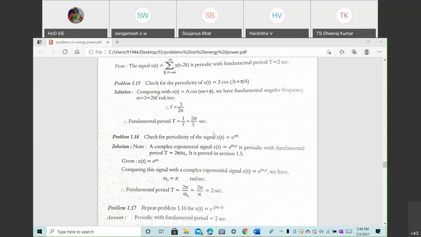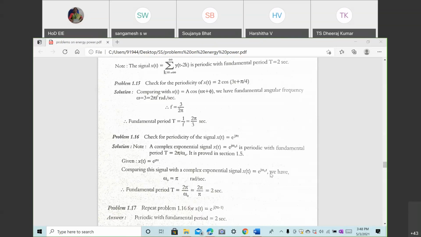I have already seen it earlier. X of t given is e to the power j pi t. Comparing this signal with the complex exponential signal e to the power j omega naught t.